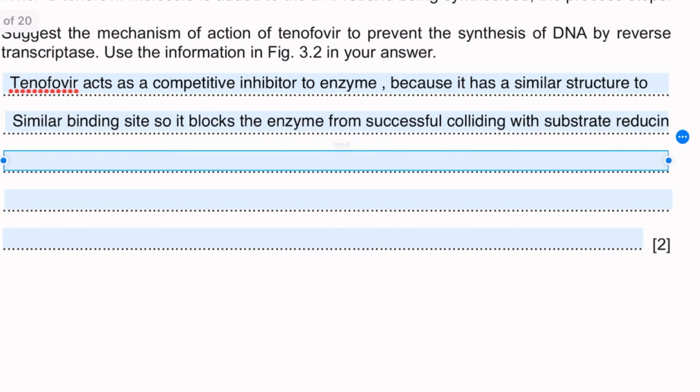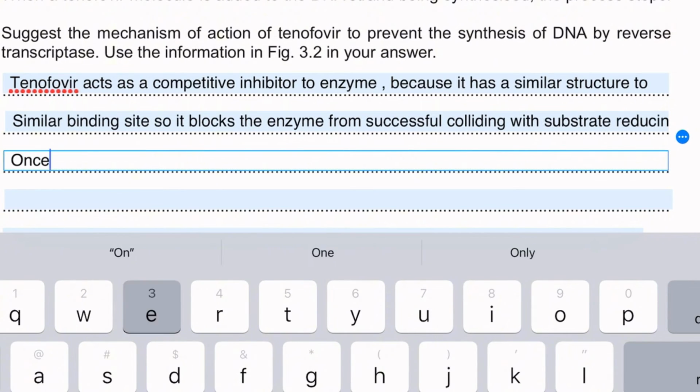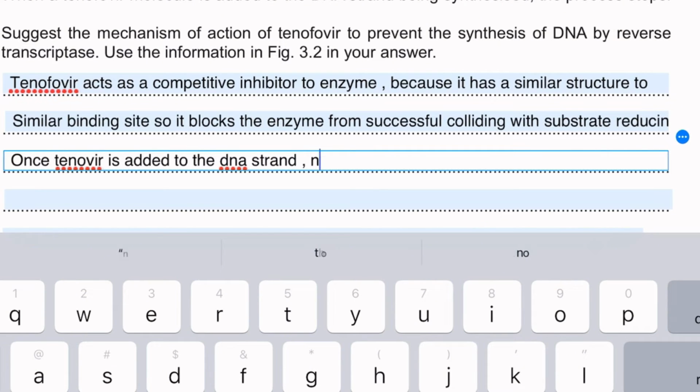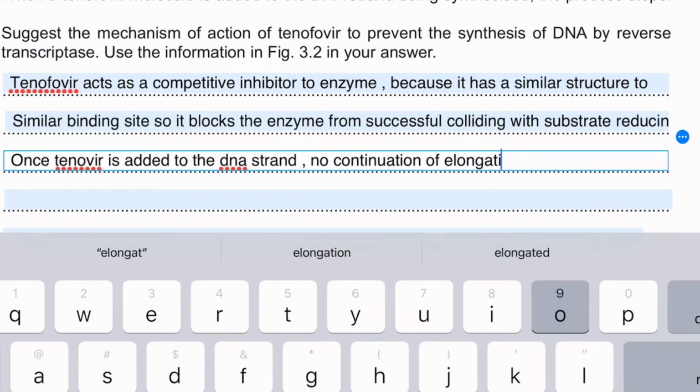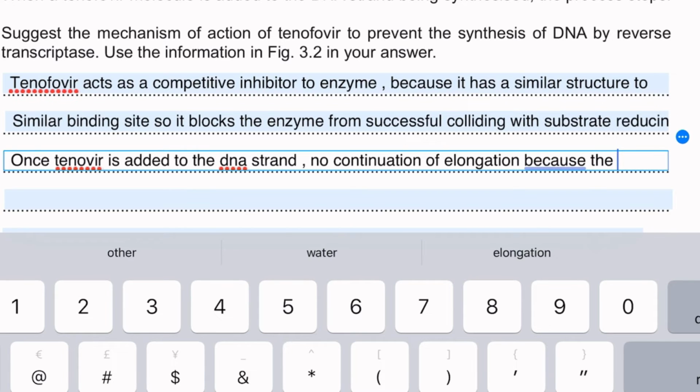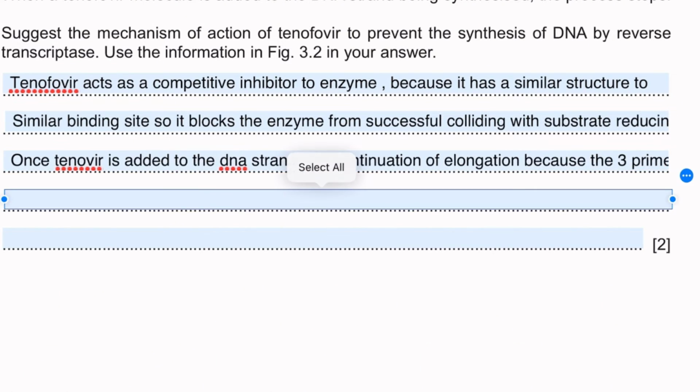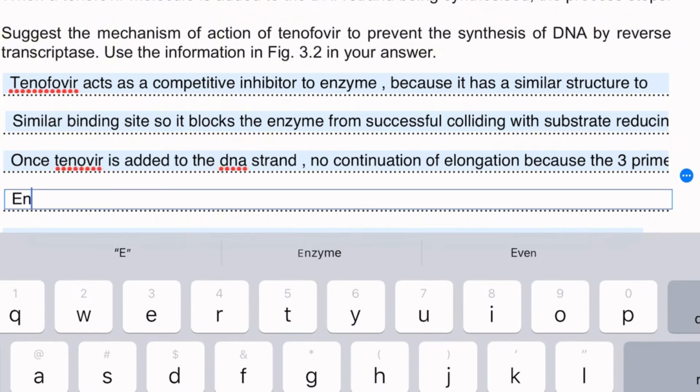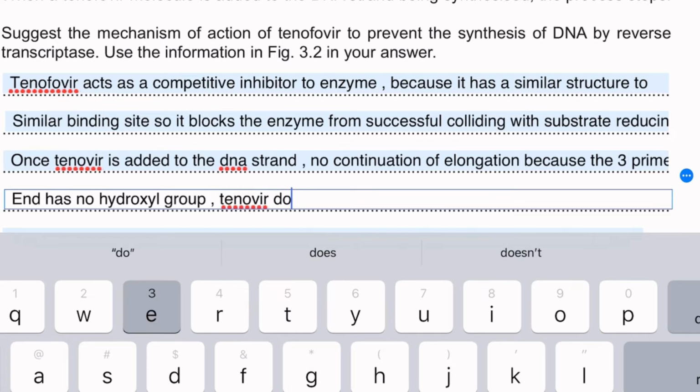But this is not the most important part. Why it prevents the synthesis, however, is because once tenofovir is added to the DNA strand, there is no continuation of elongation, because the 3' end has no hydroxyl group, or you could say that tenofovir doesn't have a deoxyribose sugar.